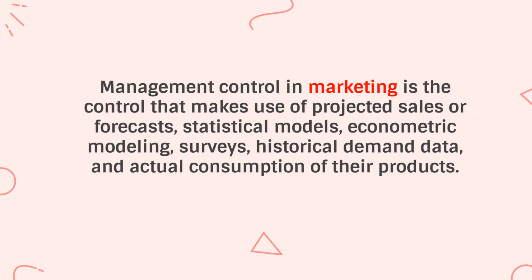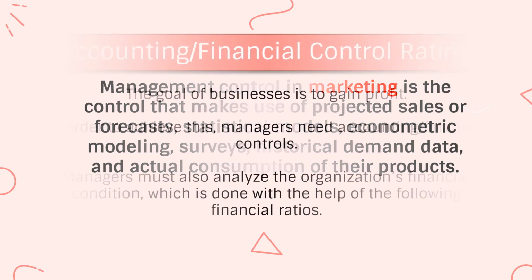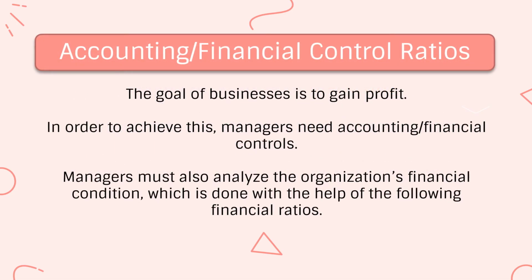So let's discuss more on how we can do the management control in accounting and in marketing. So, as I told you earlier, in accounting, we make use of the financial ratios in order to determine the company's stability or the current performance or the results of the operation of the business.